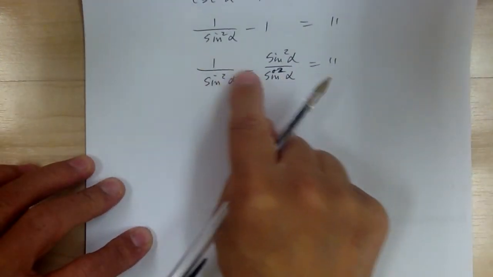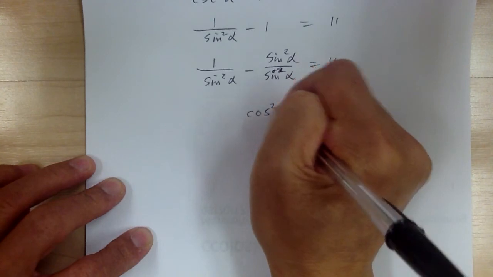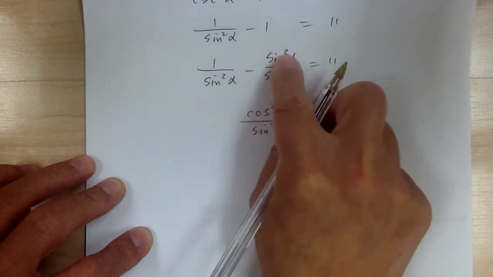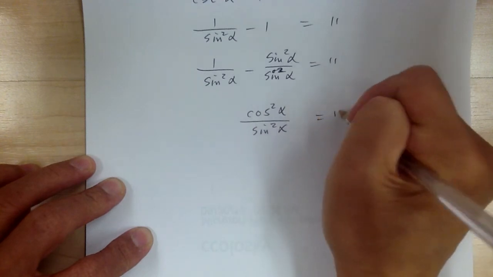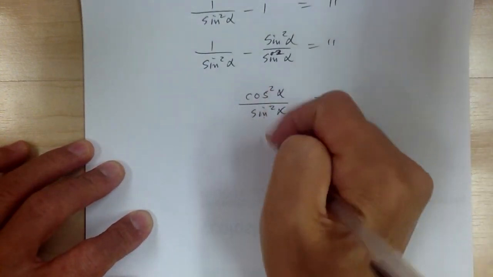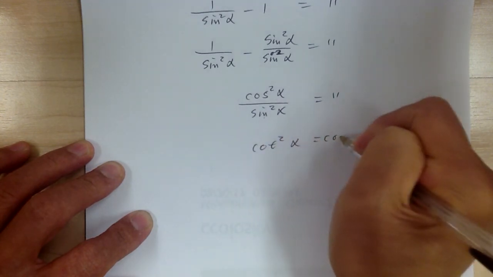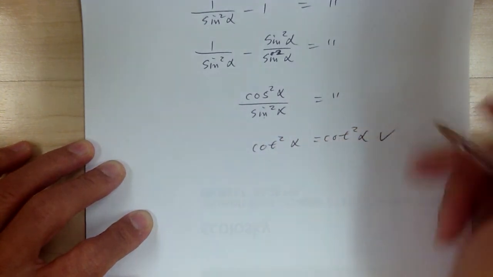Right? So now you can subtract. So 1 minus sine square will give you cosine square. And cosine square over sine square will give you cotangent square alpha. Okay, and check.